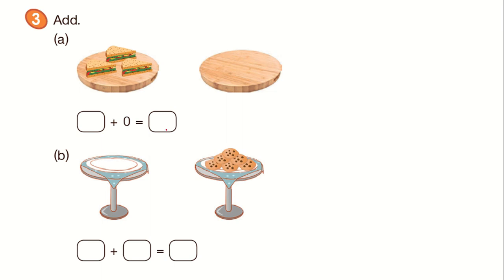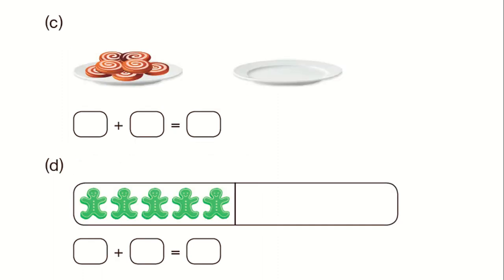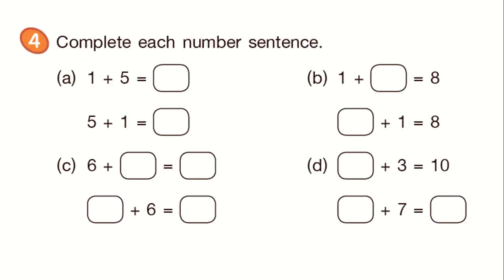What about number 3? Write your answer for 3A and write your answer for 3B. What about this? You also write your answer for part C and part D. Very good. What about number 4? Let's read.